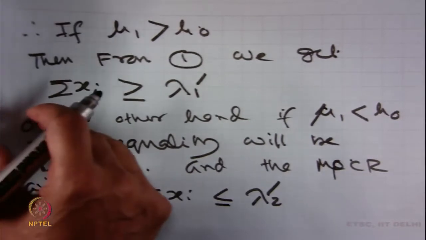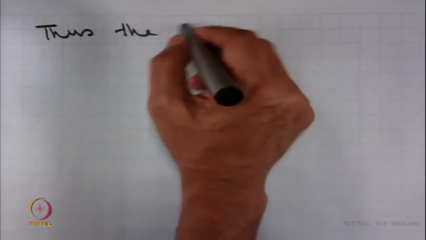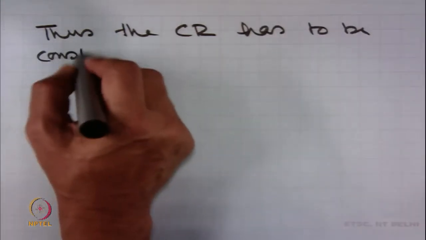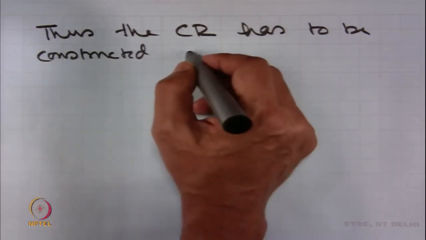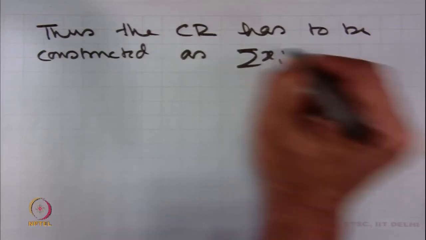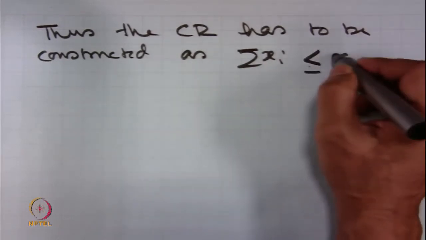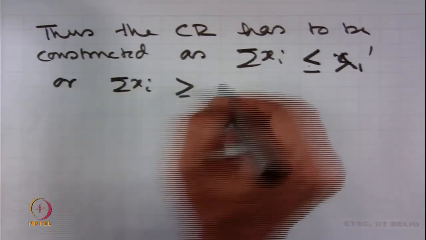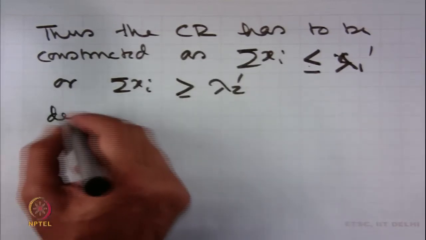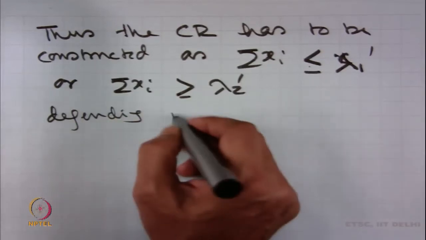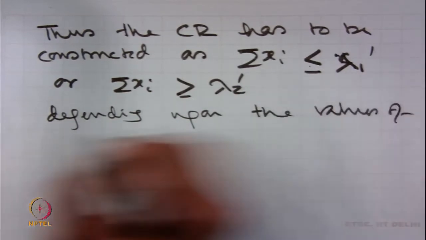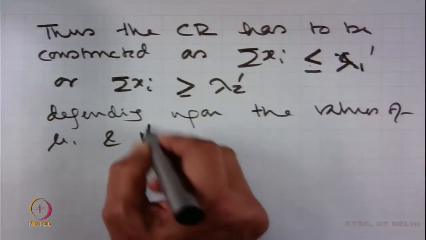Thus, the critical region has to be constructed as sigma xi greater than or equal to some constant lambda 1 prime or sigma xi less than or equal to some constant lambda 2 prime, depending upon the values of mu 1 and mu naught.